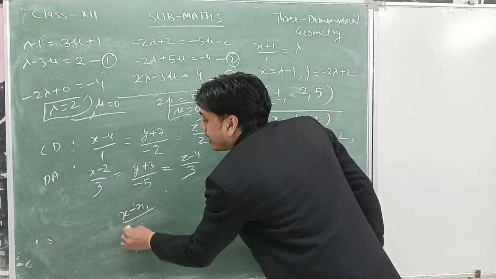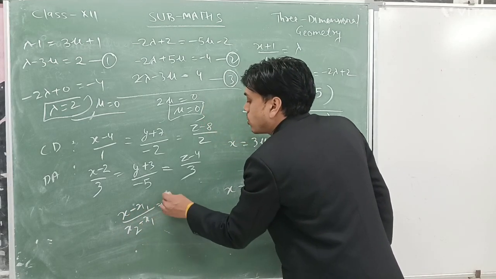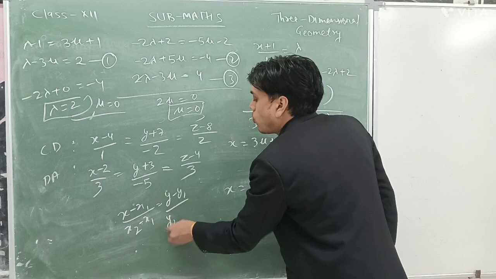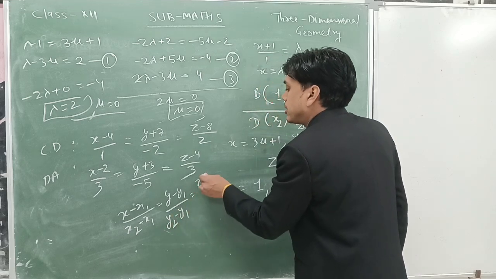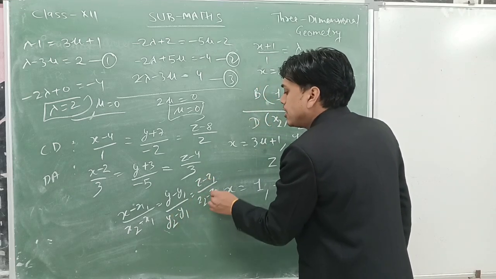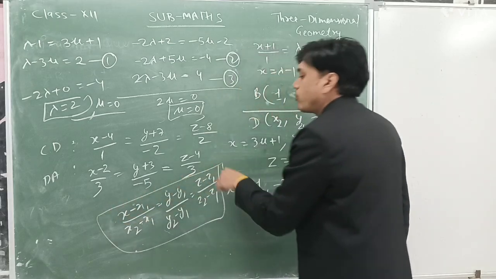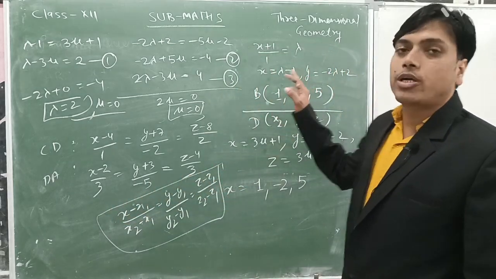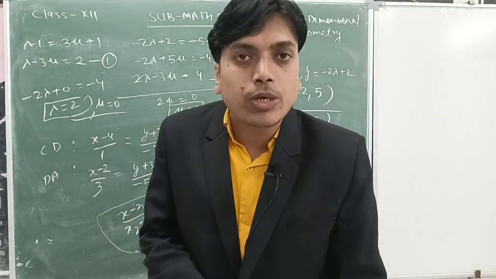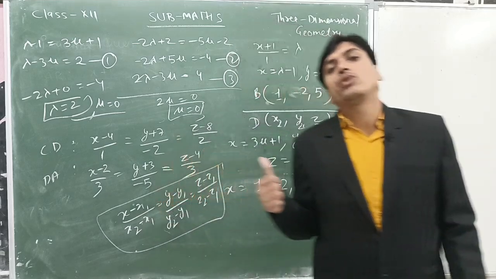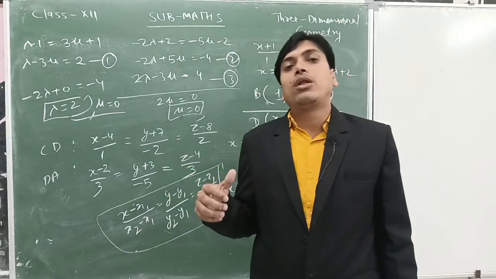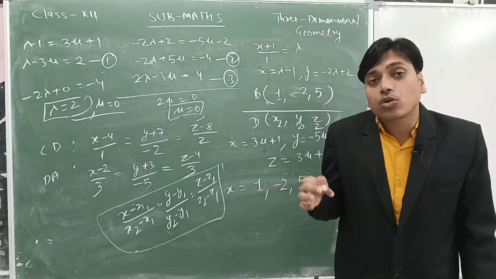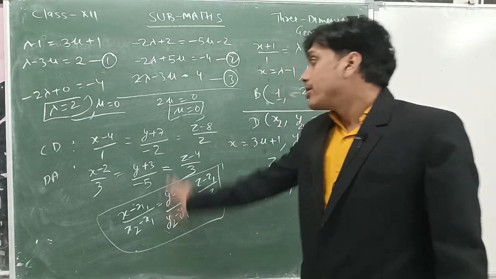You use x minus x1 by x2 minus x1 is equal to y minus y1 divided by y2 minus y1 is equal to z minus z1 by z2 minus z1. Here x1, y1, z1 are the coordinates of the point B, and x2, y2, z2 are the coordinates of the point D. So using these points we can find the equation of the line BD.